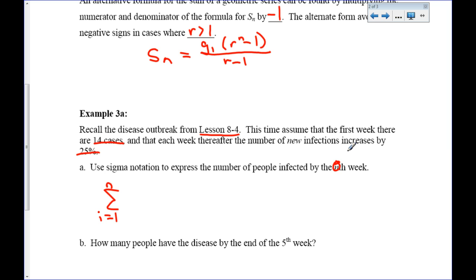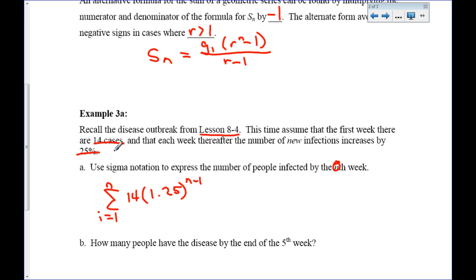Okay? And what's my g sub 1? 14. And what is my percent? So it's going to be 1.25, because it's going to be itself plus a quarter, 25%, to the n minus 1. Because whenever you're using a percent value of how much it's increasing, it's going to be the same as itself plus 25% more.